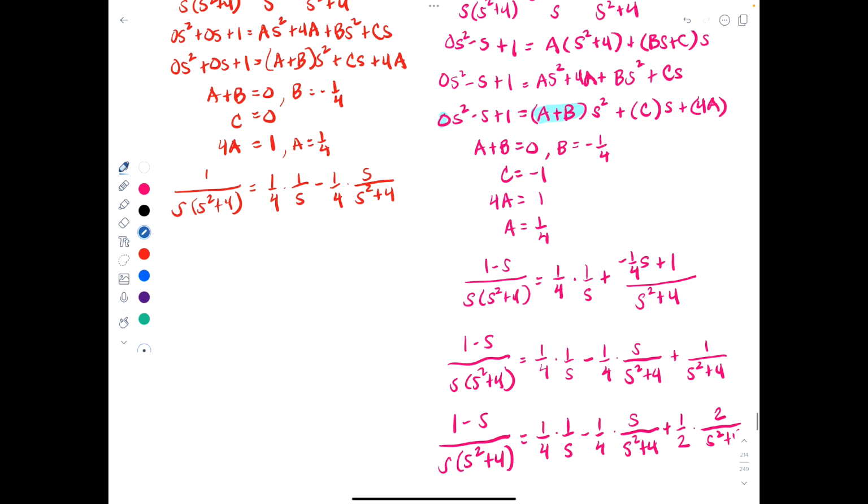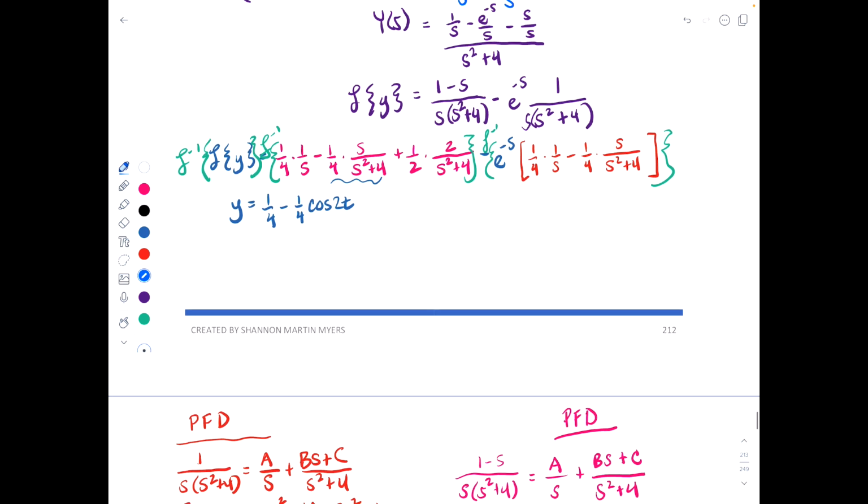And my apologies, I just realized that c should be -1. I'll do it in a different color. This should be a -1. That would make this minus, and we'd have minus 1/2 times 2. So this would be a minus. And so we'll have minus 1/2 sine at 2t.